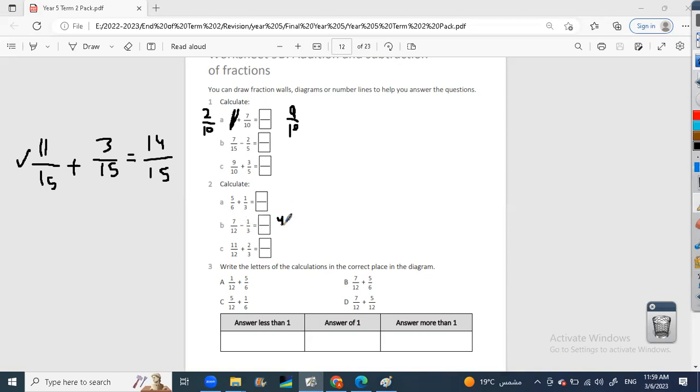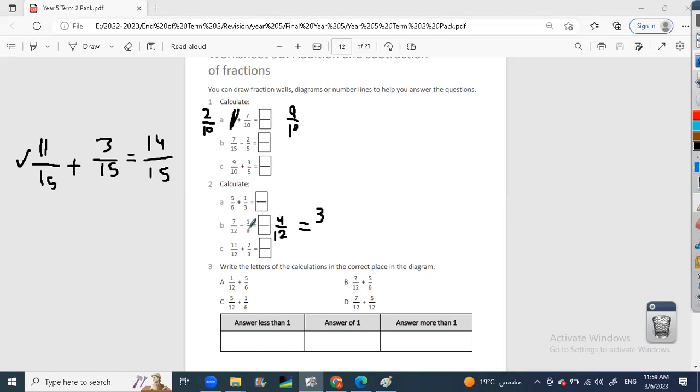Now I need to subtract 7 over 12 and 4 over 12. What is 7 over 12 minus 4 over 12? The answer is going to become 3 over 12.